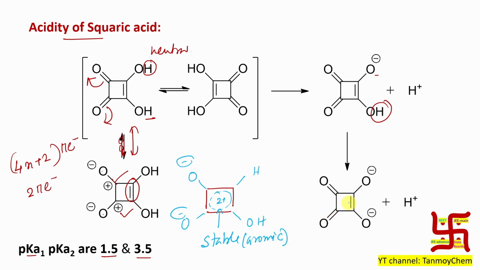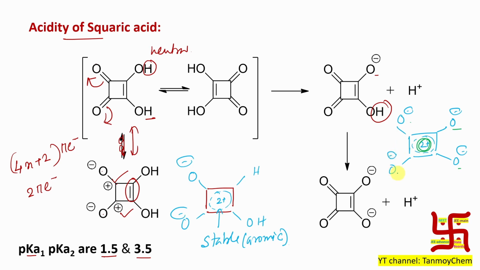Now if you look at this dianion, how can you draw it? By the way, student, practice drawing at home, it is essential for learning. So all 4 oxygens carry negative charge. Now you may think, sir, are 4 negative charges really stabilized? The answer is yes, they are stabilized. Why? Because there is a positive charge inside and 4 negative charges outside.